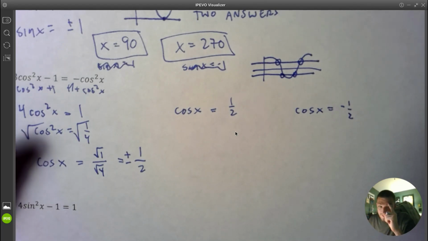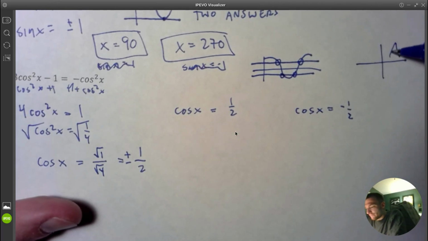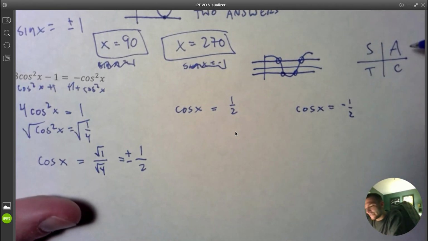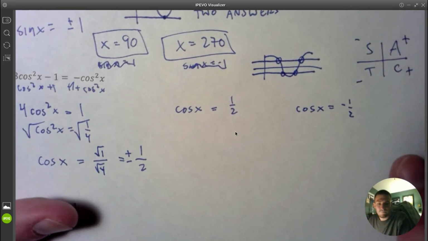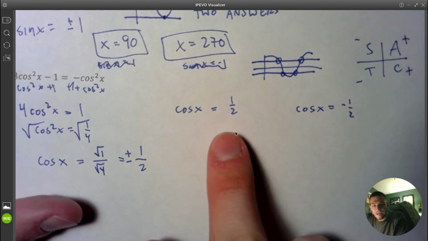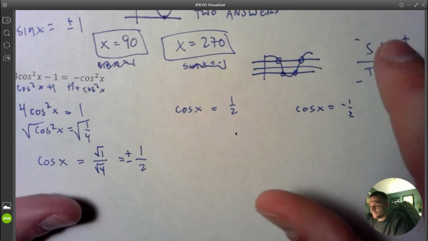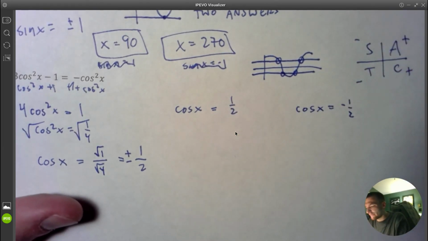Cosine of 1/2 is going to give me 2 answers. But if we think about it like this, on our unit circle, a smart trig class, cosine is positive, positive, negative, negative. But here's the thing. We want all the positives and all the negatives. So we just want all the reference angles that have to do with cosine of 1/2.